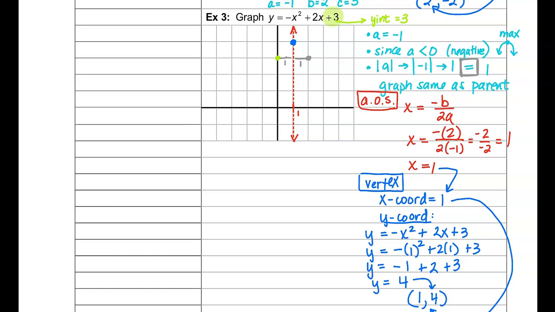Okay, how are we doing? Good. Let's find our x-intercepts now. So I'm going to take that negative x squared plus 2x plus 3, set this equal to 0. And you see how we have the leading negative here?